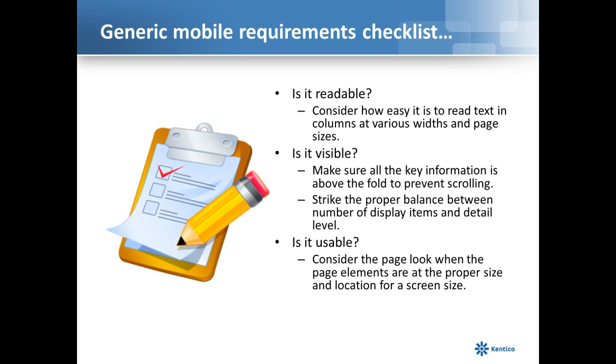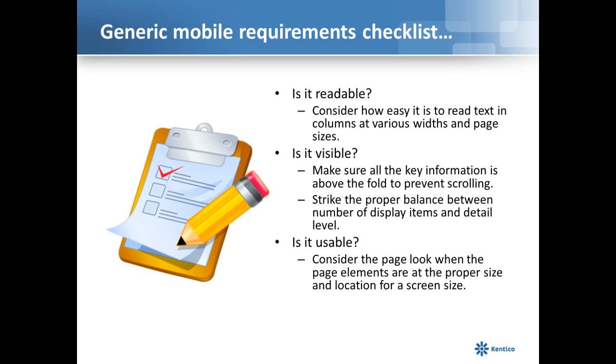We want to try, just like on the web, to make sure on my desktop that people aren't scrolling all over the place, but then to provide even less scrolling on a smaller screen, which generally means you want to bring everything down. And then, is it usable? Right, and these are the requirements checklist that I usually apply everything against as I start to build out a mobile application and provide a way for people to use that application.